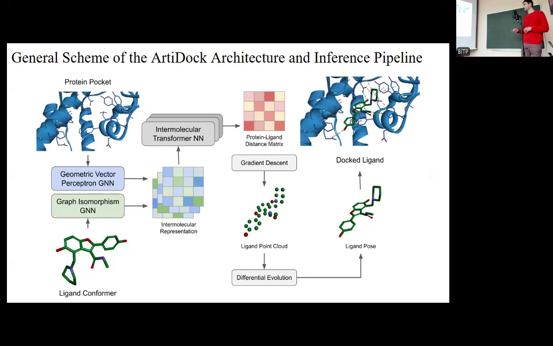We use a differential evolution algorithm for that. And in the end, we have a final ligand pose relative to the input protein pocket that we can visualize inside this pocket and understand how different atoms and groups of both molecules interact.